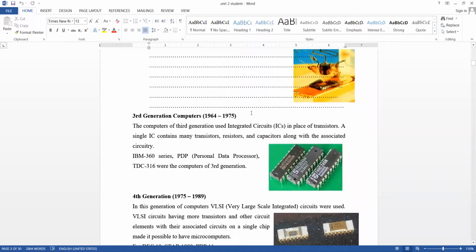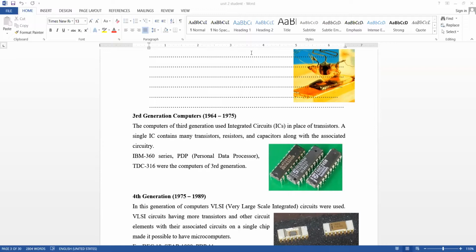A single IC contains many transistors, resistors, and capacitors along with the associated circuitry. That means now in one IC, that is integrated circuit, you will be getting so many transistors. That's why computers have become very small with time.